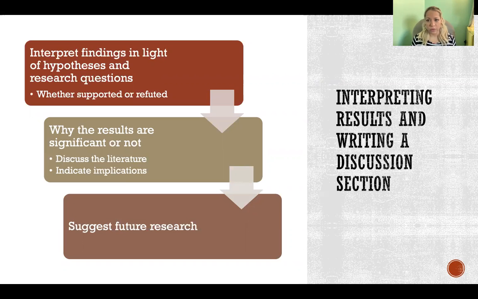There's statistical significance, and then there's also practical significance or clinical significance. So it could go either way. The results could be statistically significant, but in practical terms, it might not be very meaningful. Or the other way around, it might not be statistically significant, but in practical terms, it might be significant or relevant.